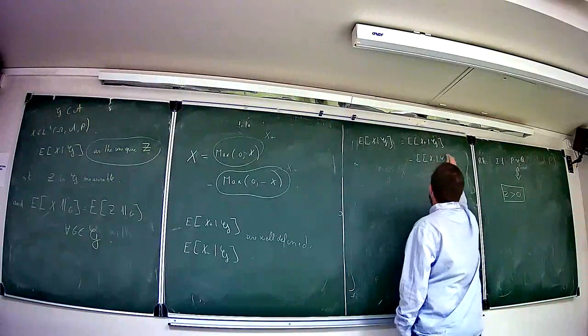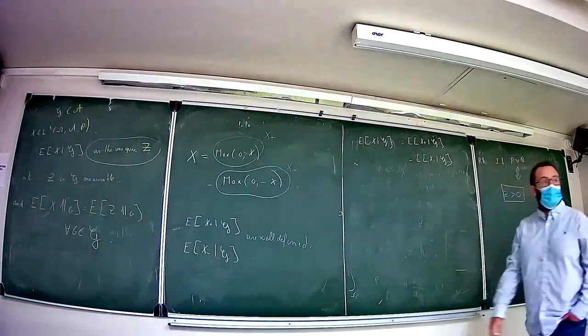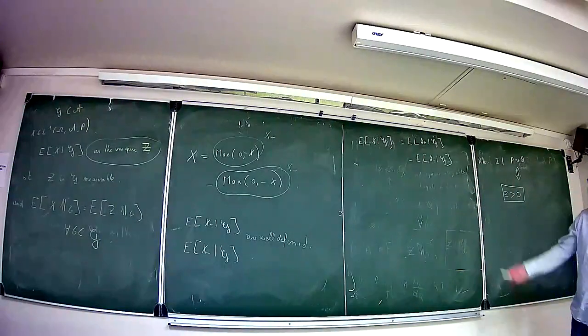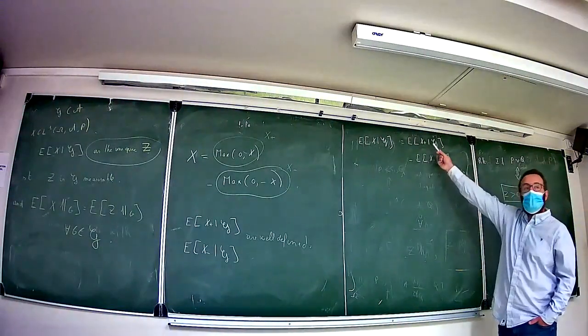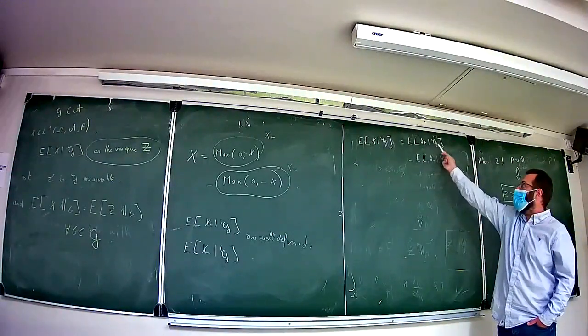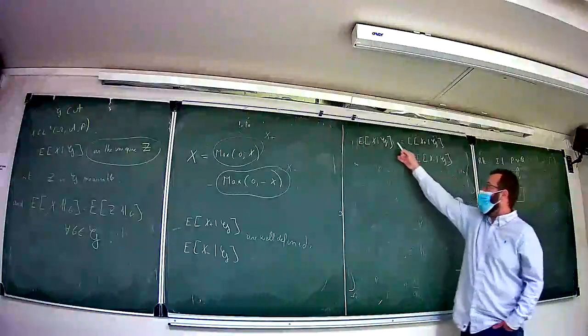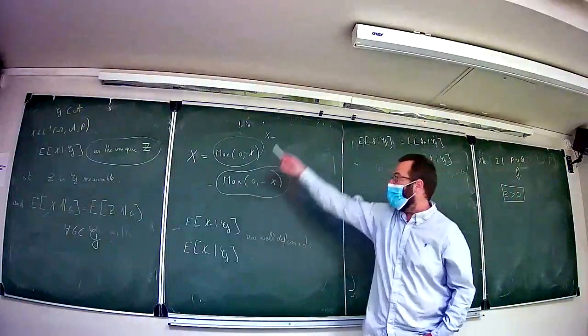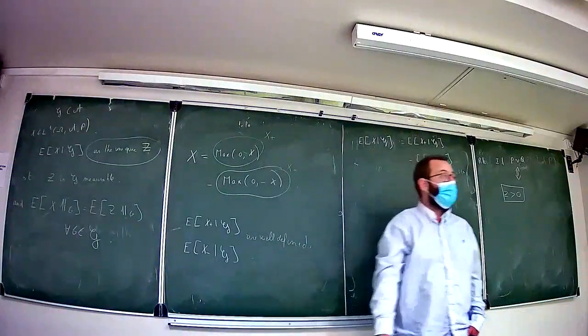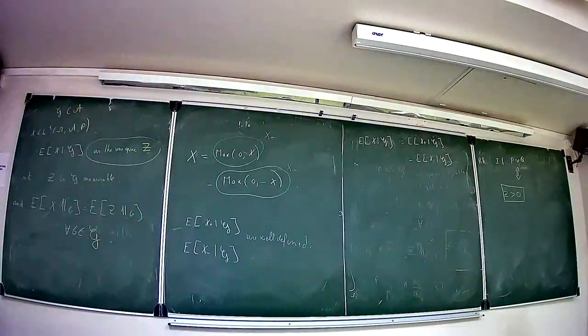I don't have the choice. I have this, and it's easy to check that if you have the good property for the conditional expectation of x plus given j and for the conditional expectation of x minus given j, this one fulfills exactly what you want, because of the fact that x is equal to x plus minus x minus.